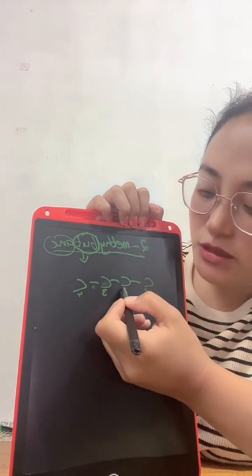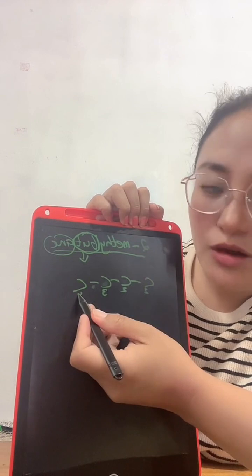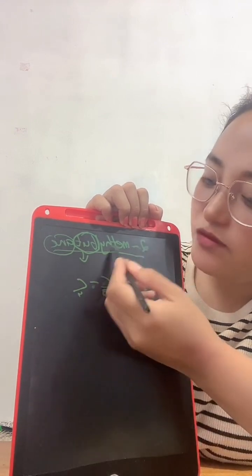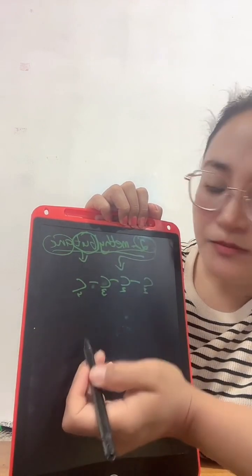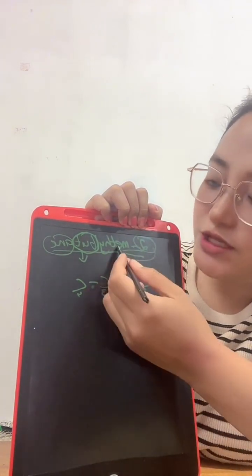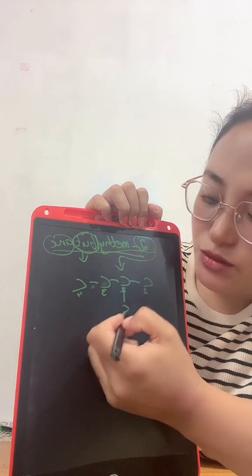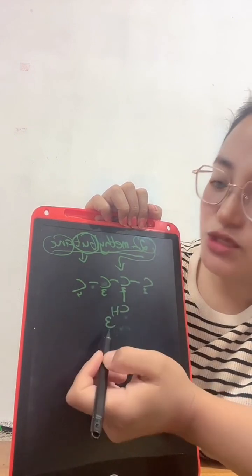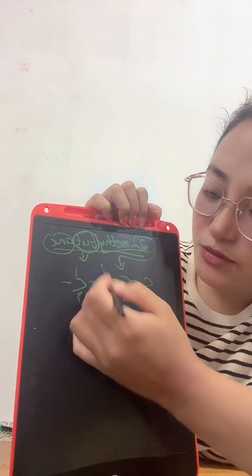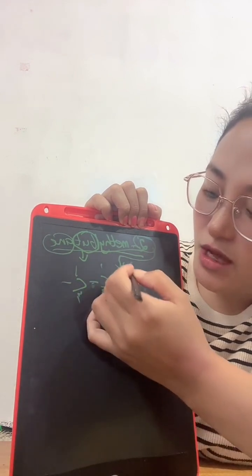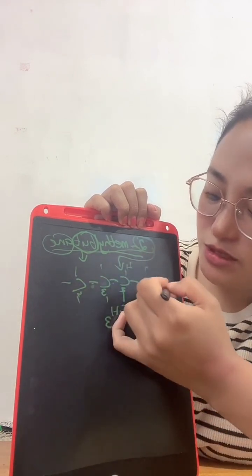So this is carbon number 1, carbon number 2, carbon number 3, carbon number 4. Then the 2 hyphen methyl, in which the 2 refers to carbon number 2 here. So on carbon number 2, put a methyl group, a single bond CH3. Then complete the carbons 1, 2, 3, 4 with hydrogen atoms.